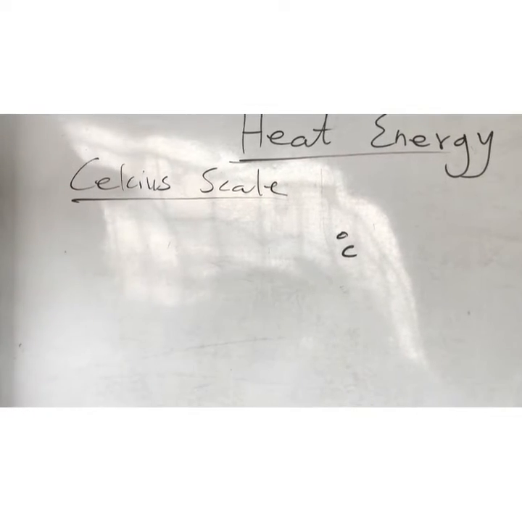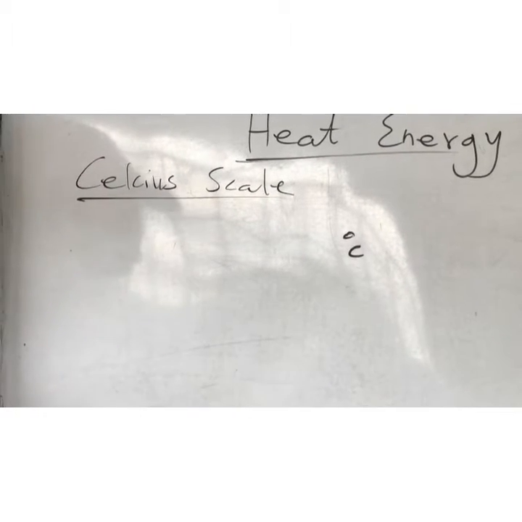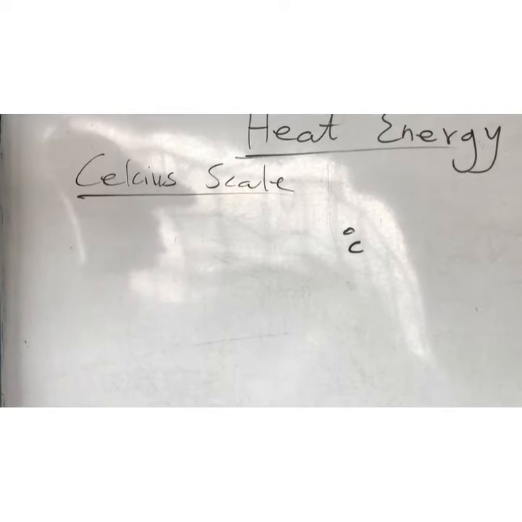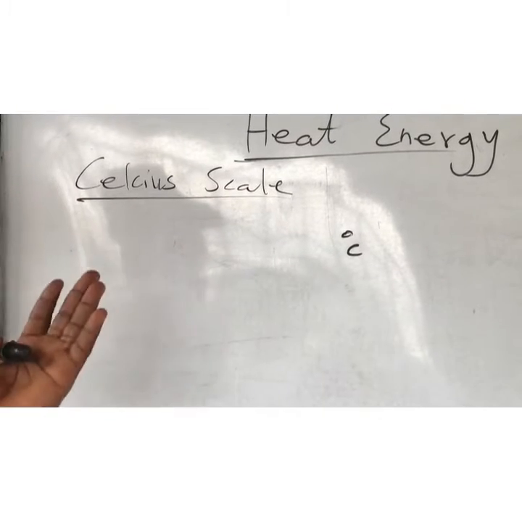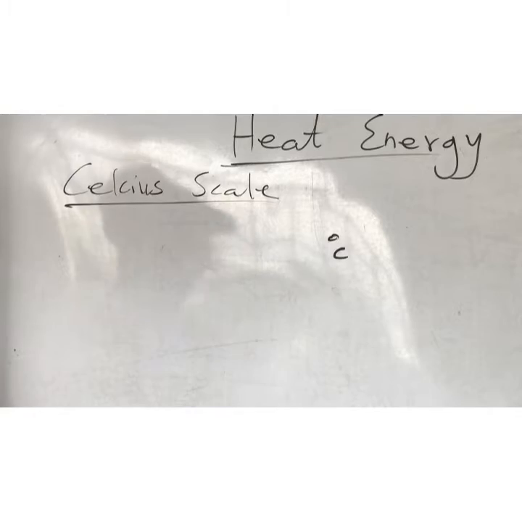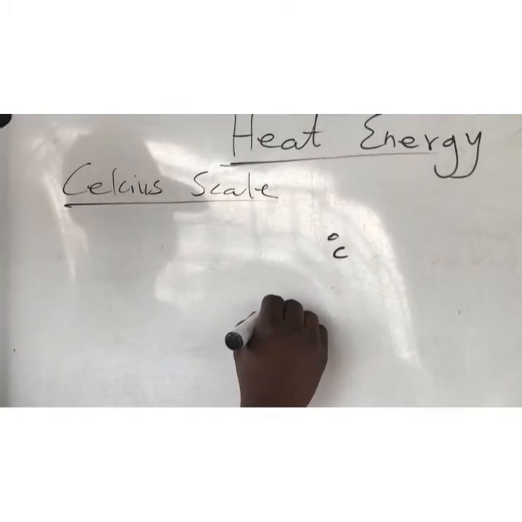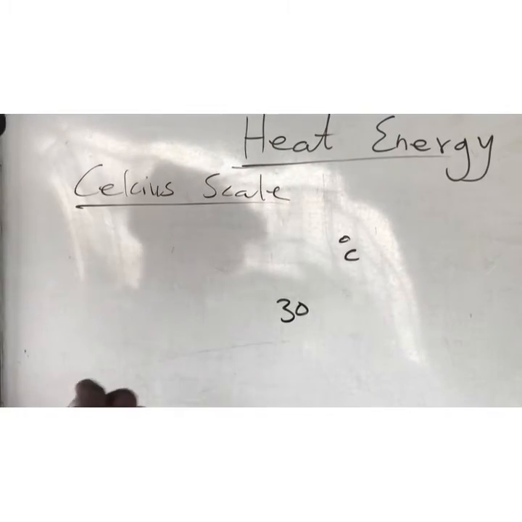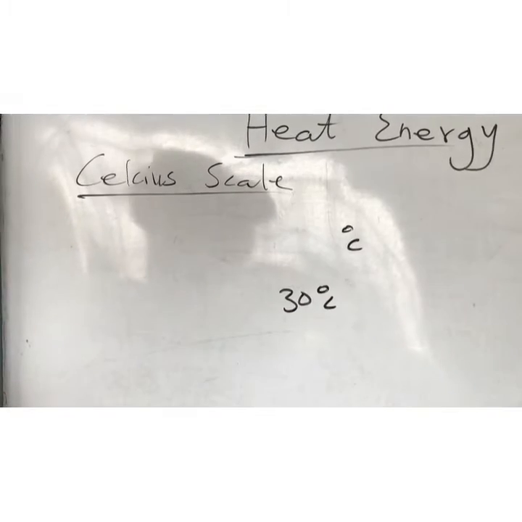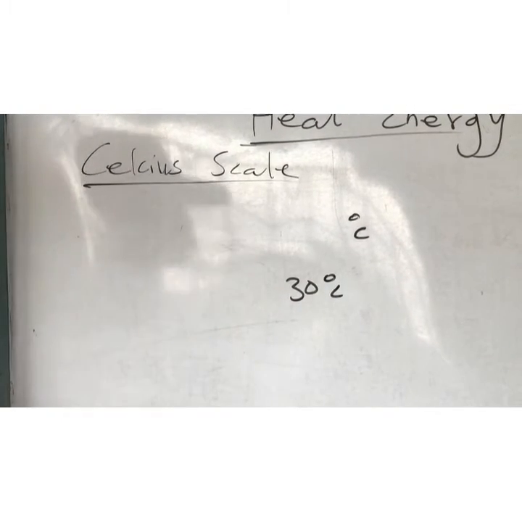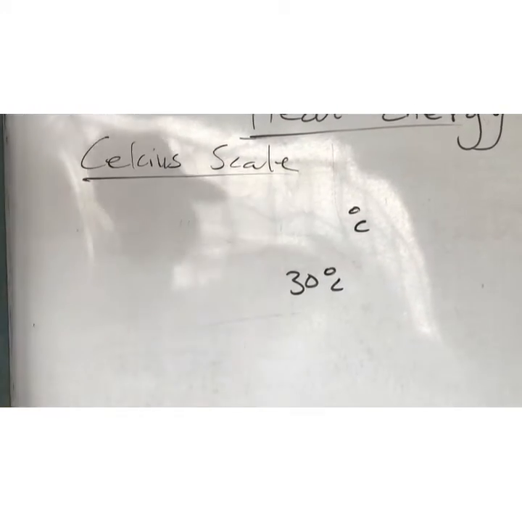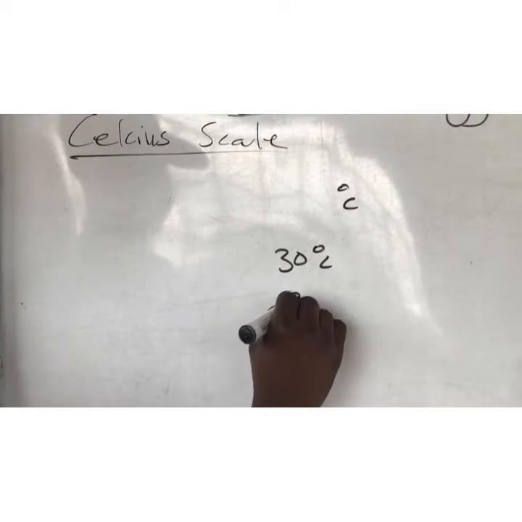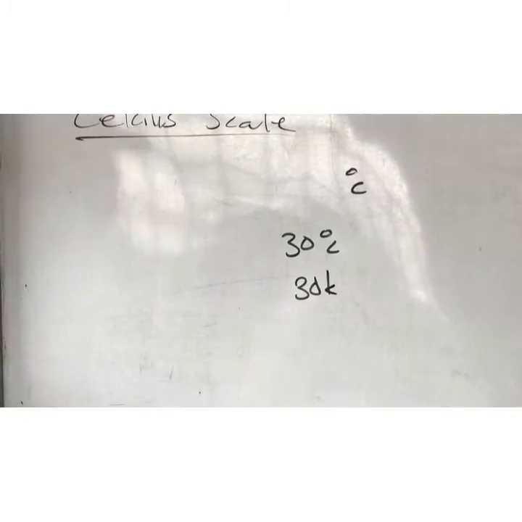And when we move on to the Kelvin scale, we write the unit as Kelvin. So let's say we take a temperature with a thermometer calibrated by the Celsius scale, and we have 30. We are going to write 30 degrees Celsius, meaning we used the Celsius scale to find that temperature. And when we have 30 Kelvin, it means that we are using the Kelvin scale.